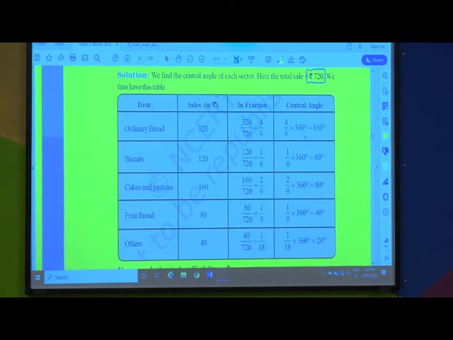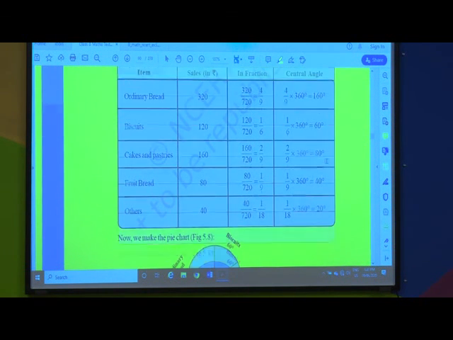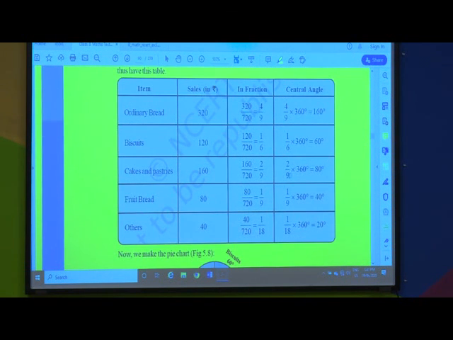So it comes to 160 degrees. 1 upon 6 into 360 degrees is equal to 60 degrees. 2 upon 9 into 360 degrees is equal to 80 degrees. 1 upon 9 into 360 degrees equals 40 degrees. 1 upon 18 into 360 degrees equals 20 degrees.